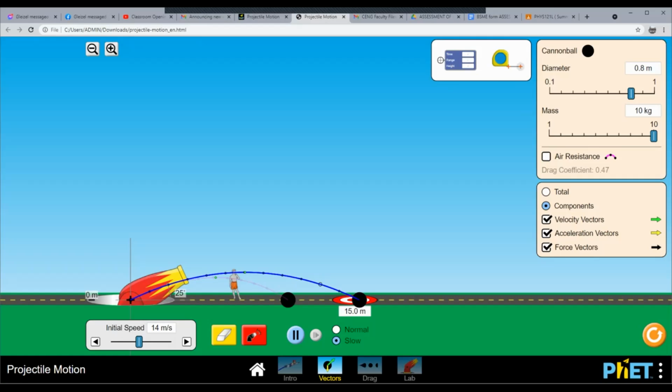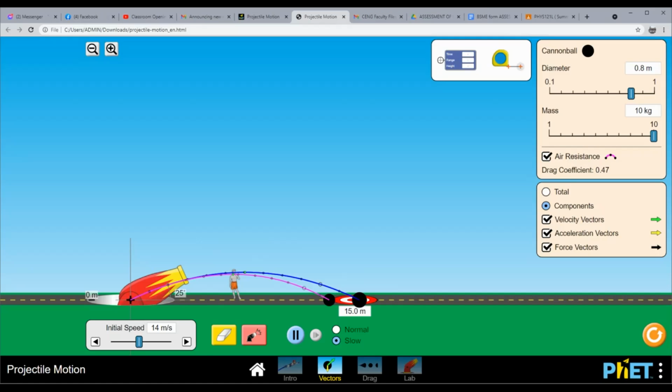Sige, tingnan natin ha, yung kanyang distance na na-travel, kahit baguhin natin yung diameter tsaka yung mass, kaya pa rin niyang ma-hit yung target. The same pa rin yung distance na matatravel niya. Pero kung may air resistance, let us try. That is a 10 kilogram, 0.8 meter diameter na ball.